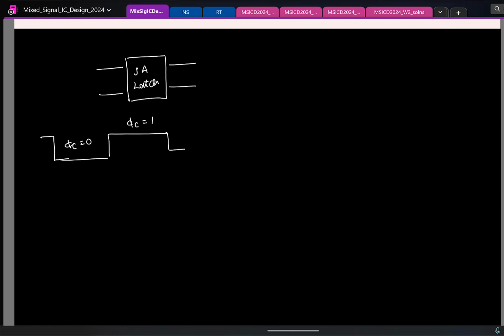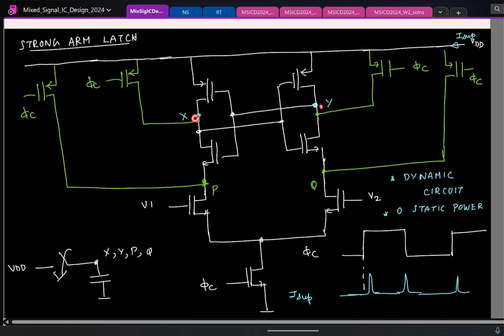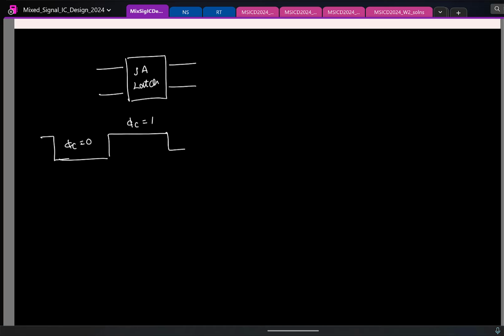What were we doing to the outputs? We were precharging the output nodes to VDD. So at this point, the output is not available. Only after you activate the comparator, after a short while, the compared output is ready. At this point you can get a valid logic 0 or logic 1.